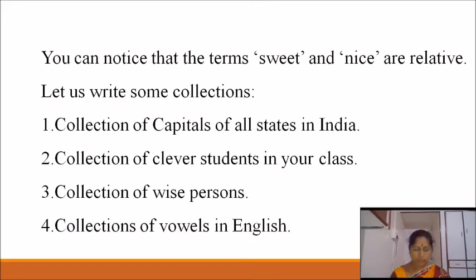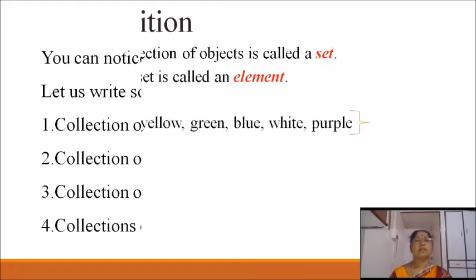You will notice that the collections in 1 and 4 are well defined, but we can't collect the clever students and wise persons. That is, it is very important to determine whether a collection is well defined or not. So let us define the set.